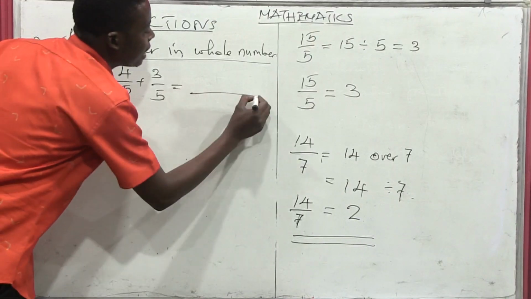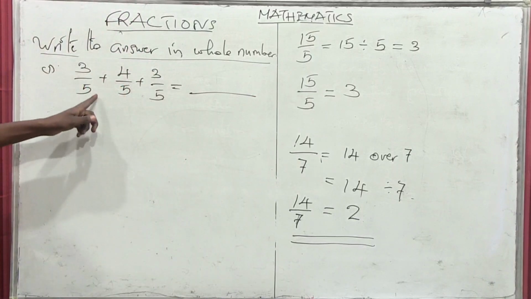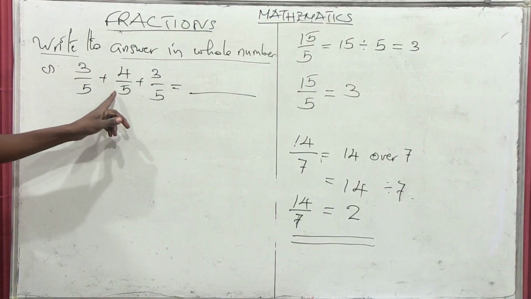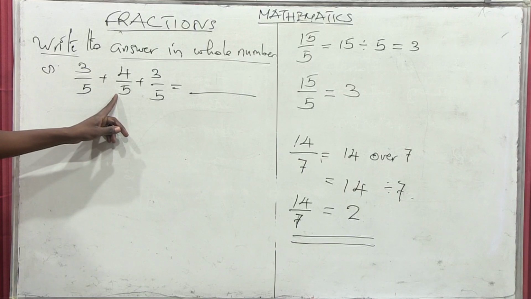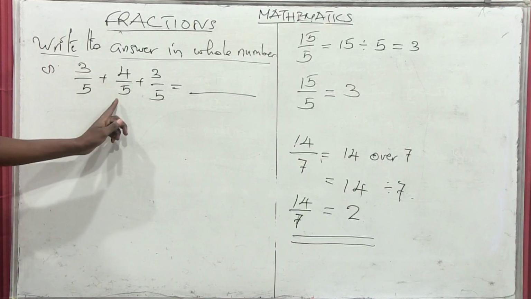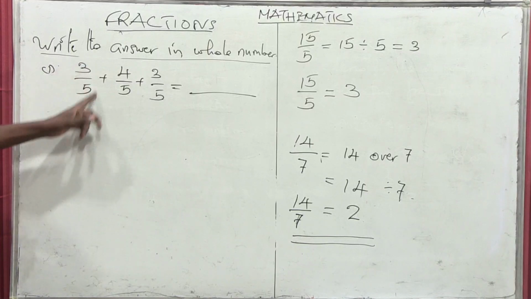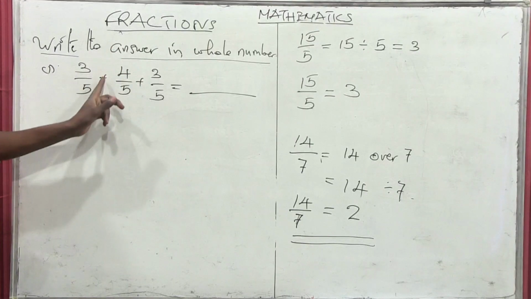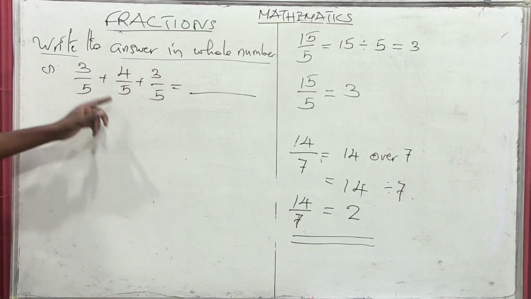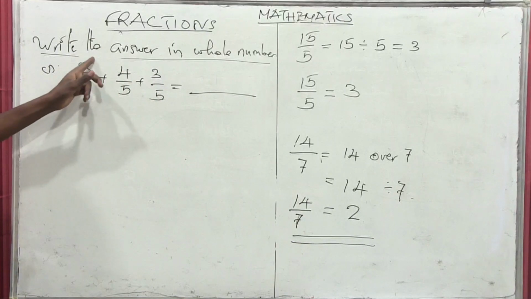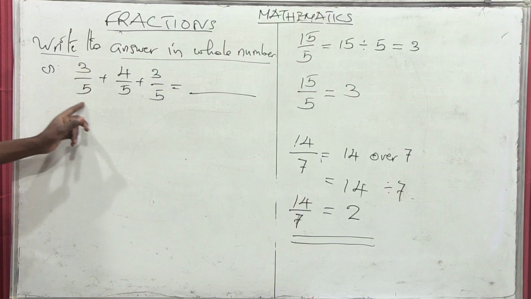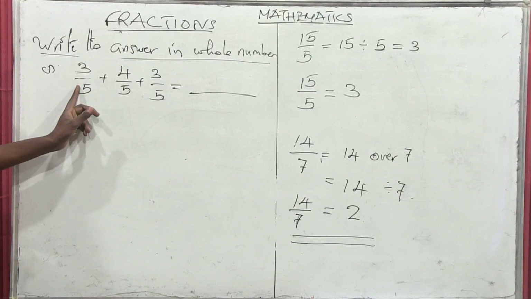As I said when we were discussing how to add fractions with the same denominator, this is 3 out of 5, 4 out of 5, 3 out of 5. This means that 3 parts are taken from the total available.